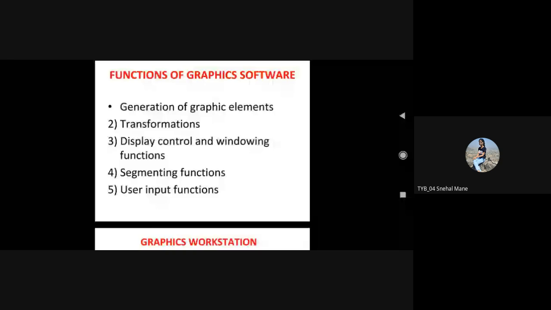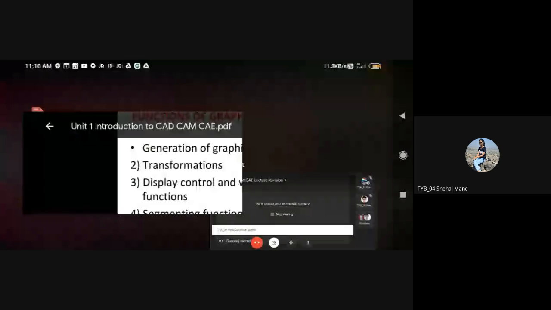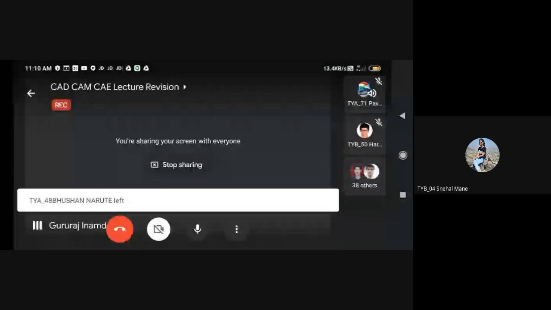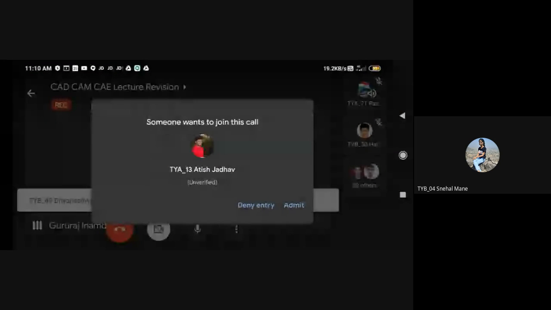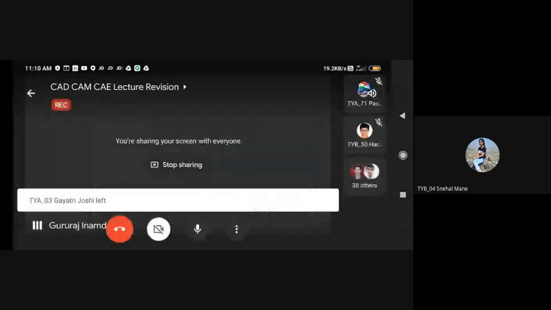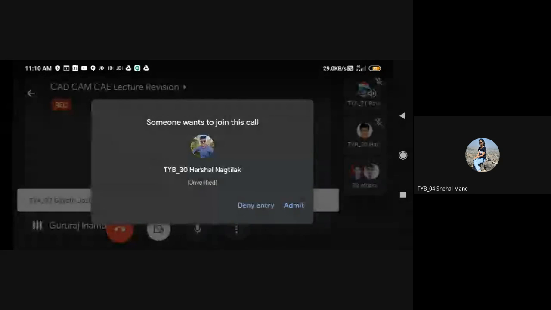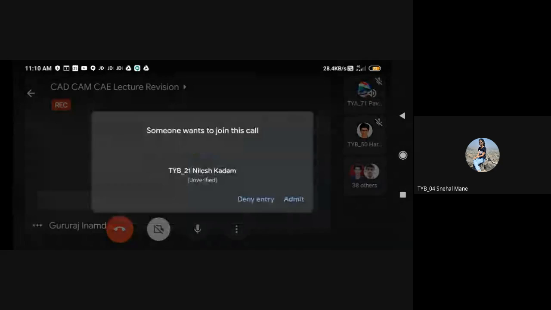Display is very important: the format of the displayed data should be understood by the front people. This is also a very important factor in CAD/CAM CAE. We will not take a lot of time because we have taken very huge time on this chapter, so we will go fast.